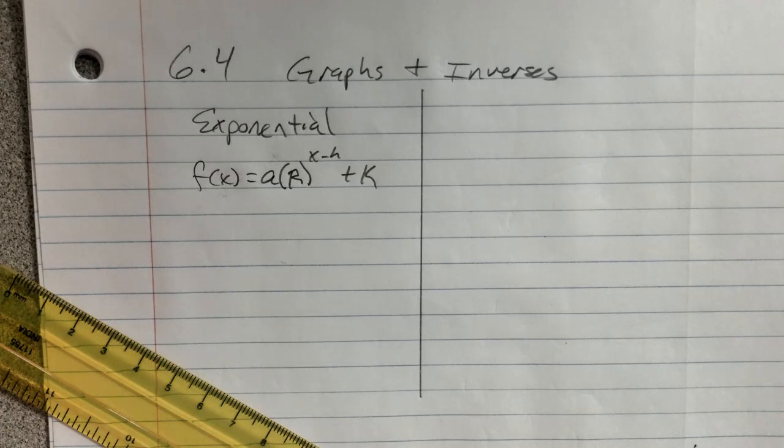What does A do? It's a multiplier. So if you multiply me by a number bigger than 1, am I going to get bigger or smaller? Bigger. So I would stretch out, right? If you multiply me by a number smaller than 1, would I get bigger or smaller? Smaller. I would get compressed into something smaller. And if A was negative, you would take a positive value and turn it into a negative value, so it would reflect over the x-axis.